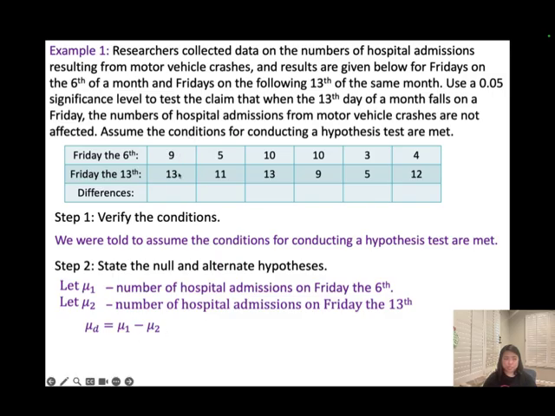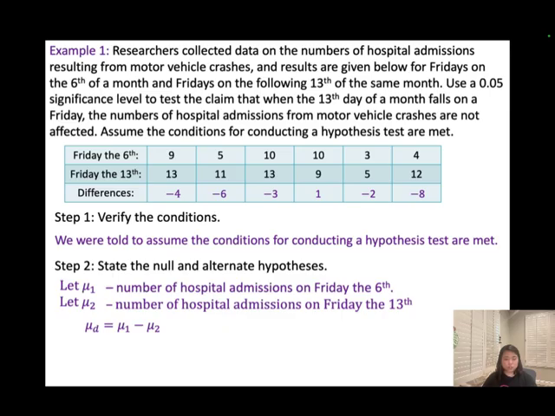So 9 minus 13, I'm going to get -4. 5 minus 11, I'm going to get -6. Okay, so I have this data. Make sure you stay on this one, because it's going to affect your null and alternate hypothesis as well.